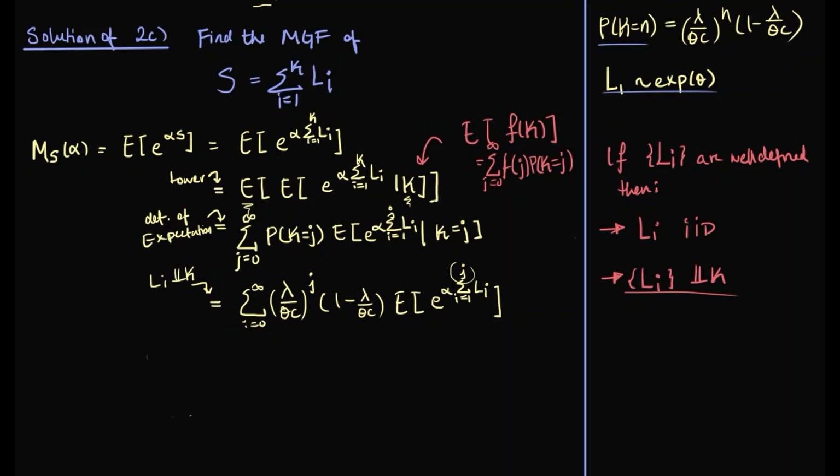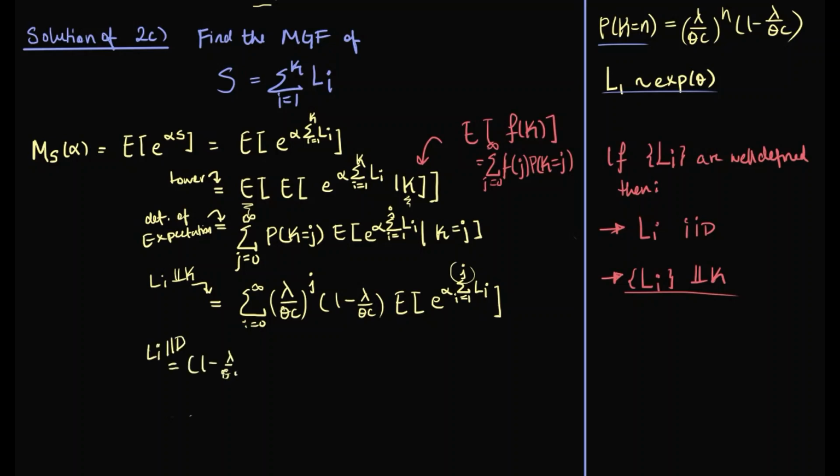Note that what we're taking is the mean value of e to the alpha L1 multiplied by e to the alpha L2 multiplied by e to the alpha L3, and so on. Now, what do we know about the Li's? The Li's are IID, so they're independent, which allows us to take the mean value inside the product, and they are identically distributed, which tells us the product of the means of j identically distributed variables is just the same as taking that mean and taking the jth power.